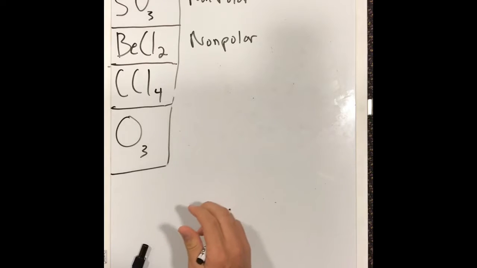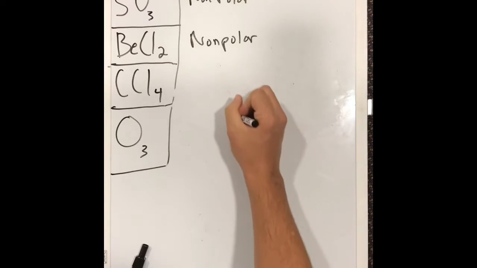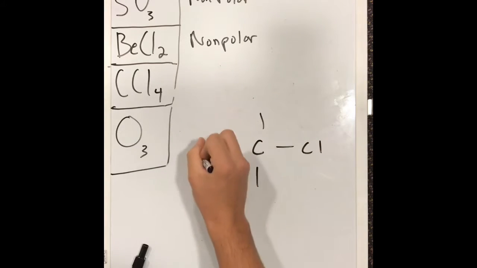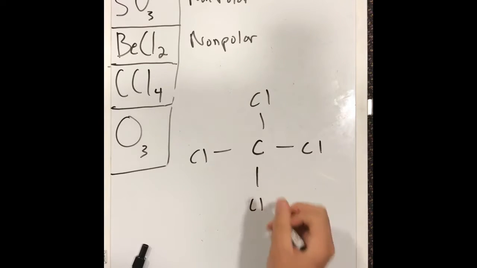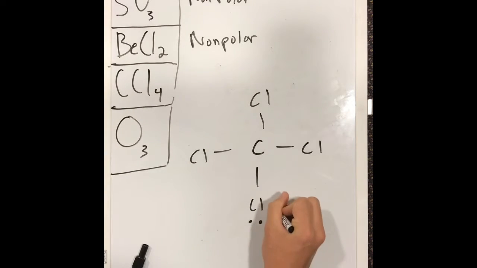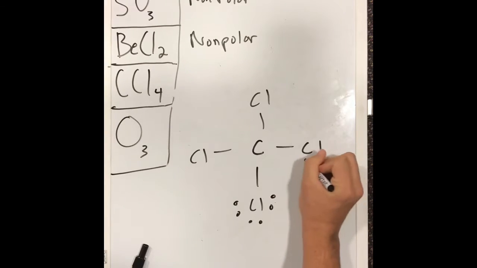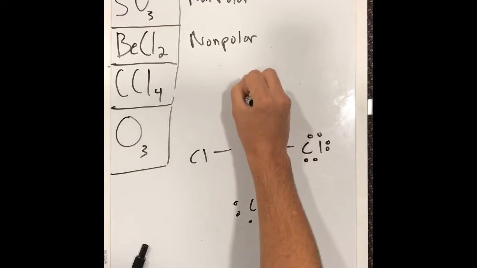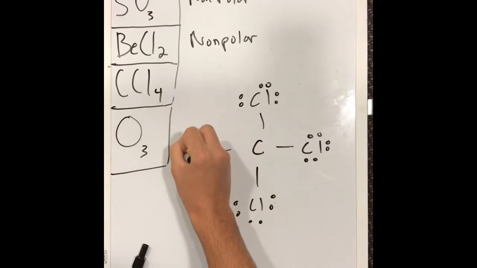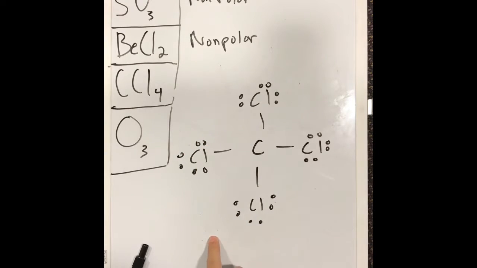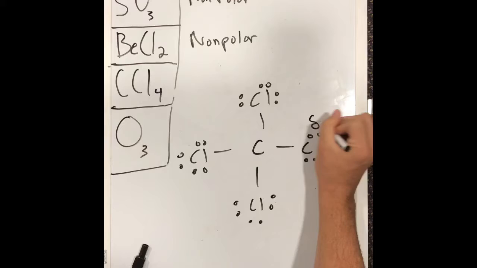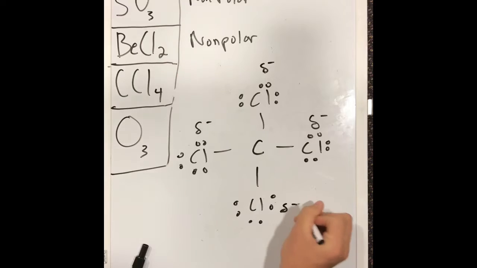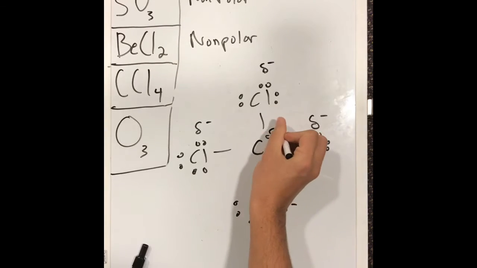Now we have CCl4. I've already drawn the Lewis structure as well. And since Cl is more electronegative, all of these will have partial negative charges, while the carbon has a partial positive charge.